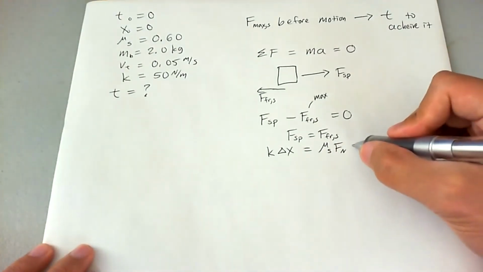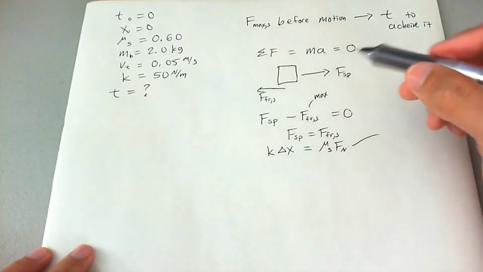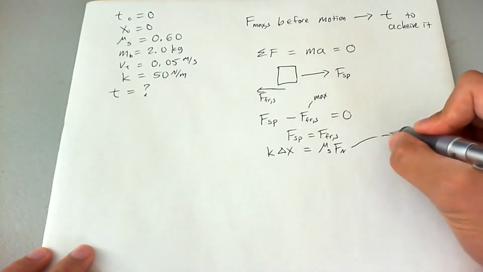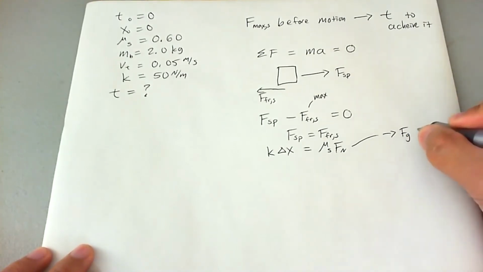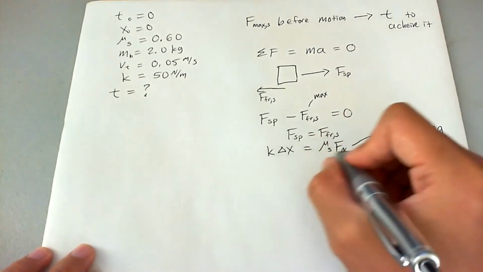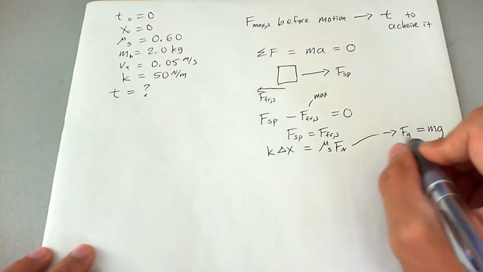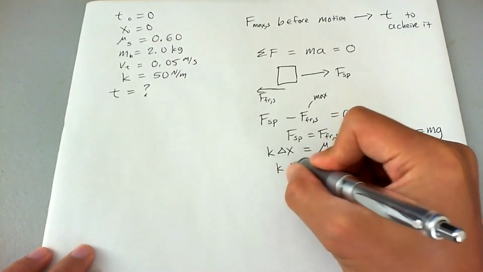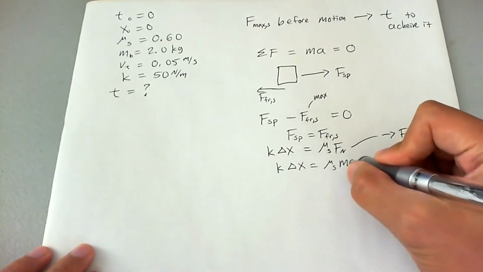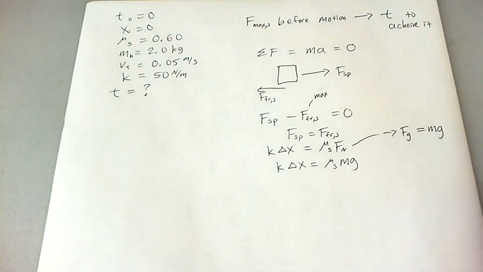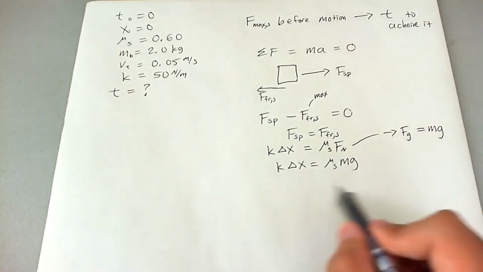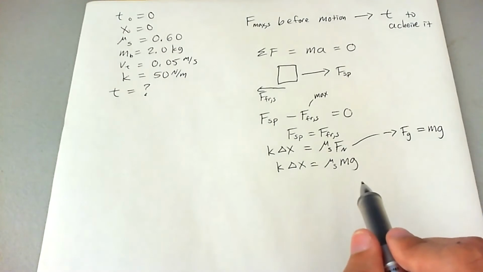Again, anything on a flat plane that doesn't move up or down means the normal force equals gravitational force, which is just mg. So let's skip a few steps, and we say that k delta x is equal to mu_s mg. Cool. But where does this take me? Nowhere, because I don't know how much time. There's no time factor in this equation.